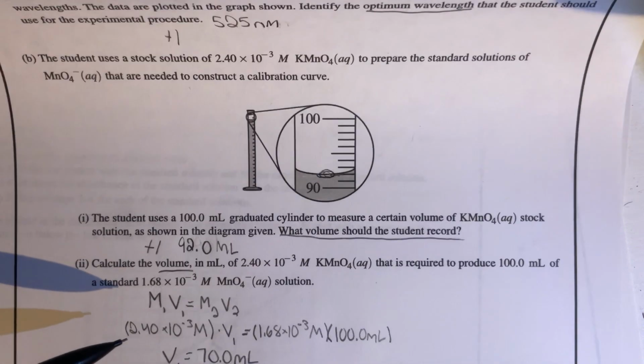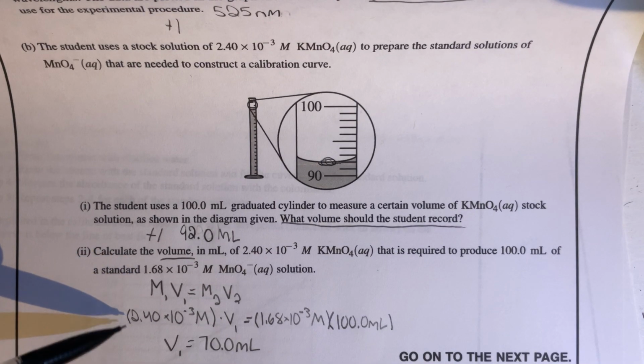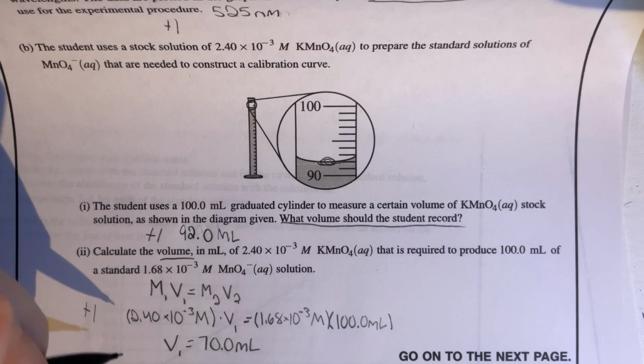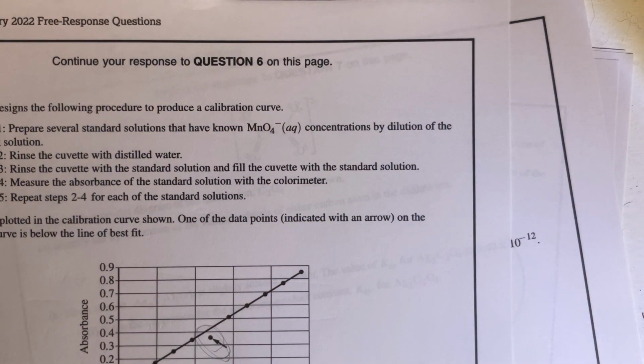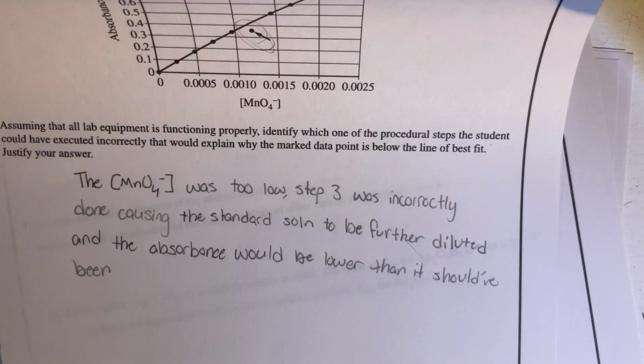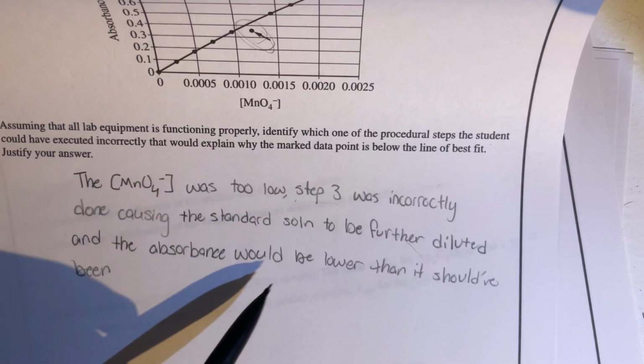Make sure you have your equation, substitution, and solved answer. So that would be 1 point total, which means if you're missing one of those steps, you probably won't get that point. And then for part C, you'd get the point for your explanation, which you have to have the step that was incorrectly done and the reason why.